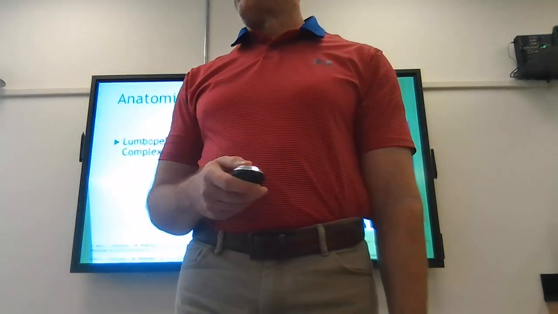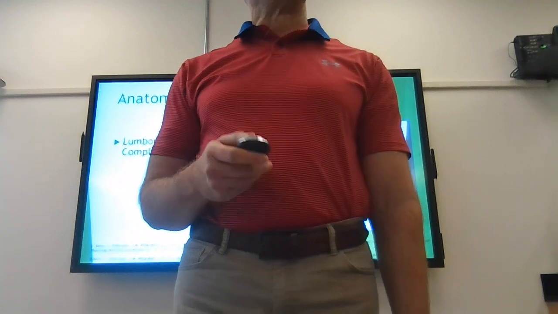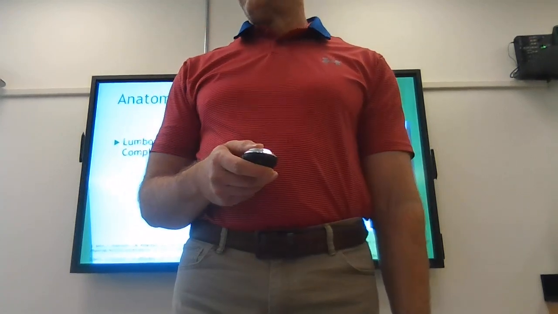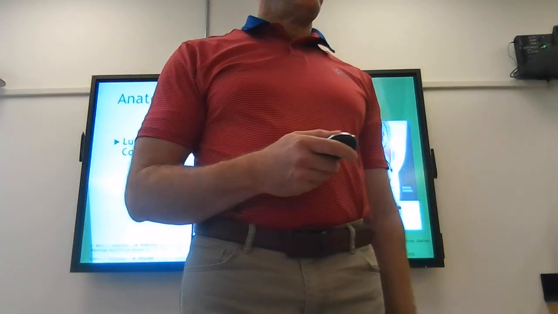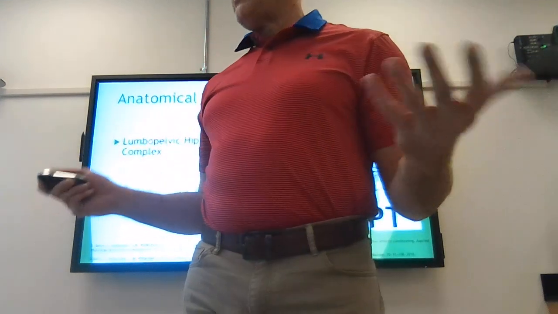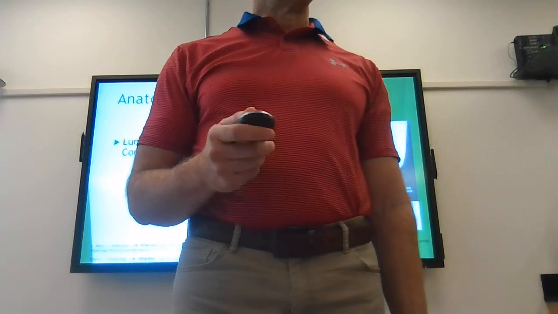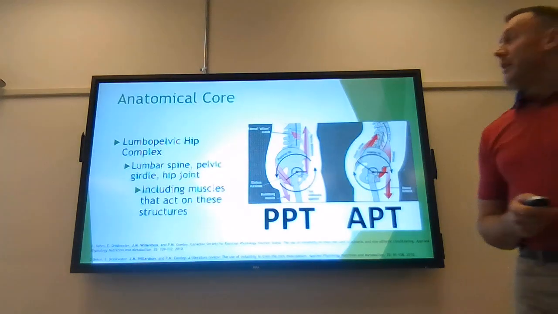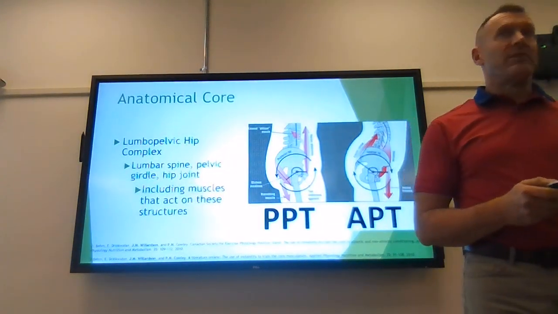So the lumbar spine connected to the pelvis at the sacroiliac joints, then the hip joints connected to the pelvis, and all of this is like a chain. Okay, so each of these segments affects the other segments. So this would include all the muscles that affect or control this region.